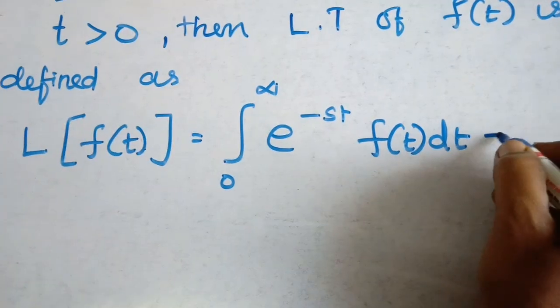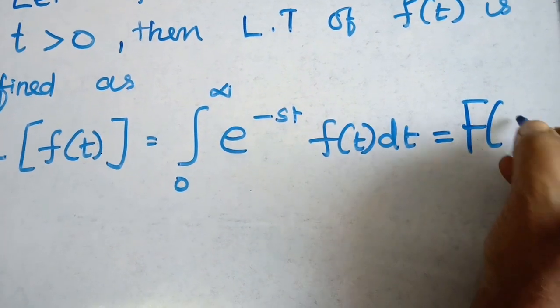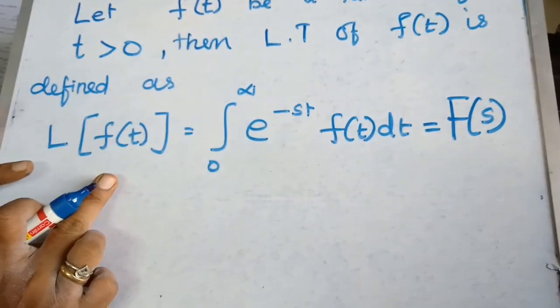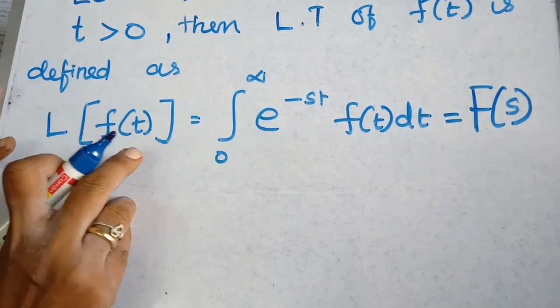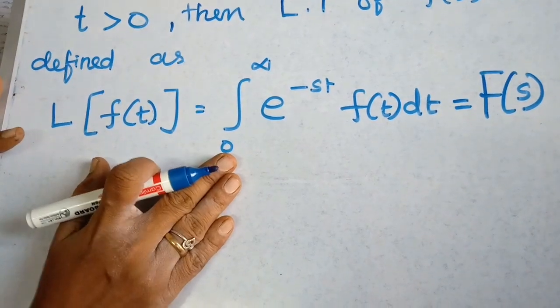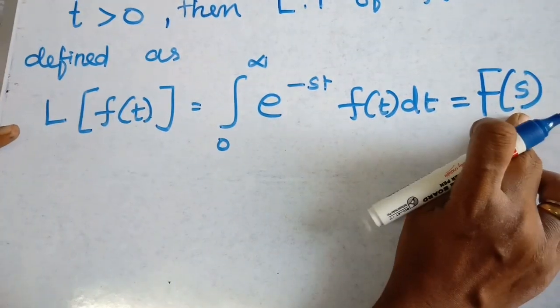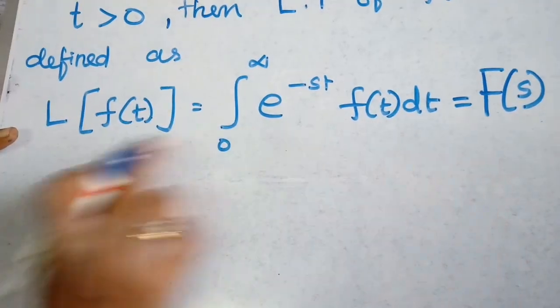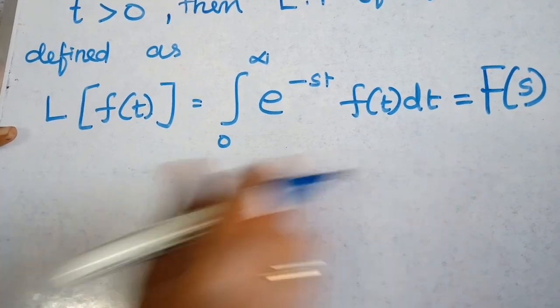This is denoted by capital F of s. The Laplace transformation of f of t is said to exist if this integral converges to some value of s. So this is the definition of Laplace transformation.